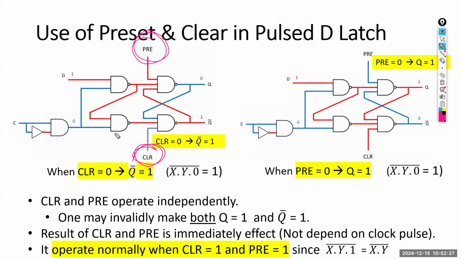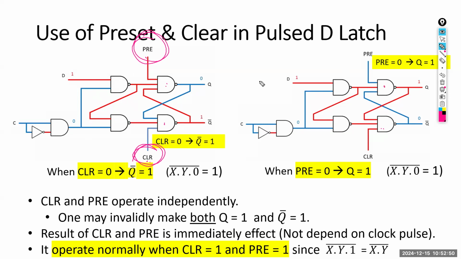So far in the exam, they have not tested this, but they can. The preset and clear are directly connected to your NAND gates or NOR gates, so it is not going through your clocks or whatever.